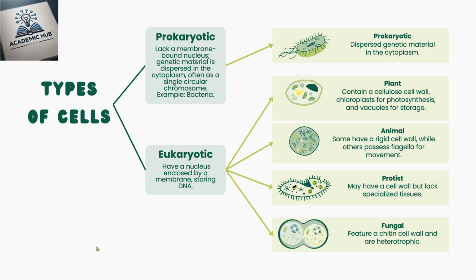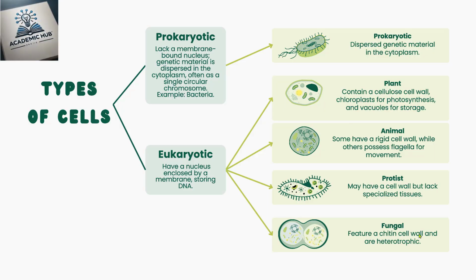Lack of specialized tissues. Unlike plants and animals, protists do not have complex tissues, but they still carry out all life functions within a single cell. For example, Paramecium, a type of protist, moves using cilia and feeds on smaller microorganisms.